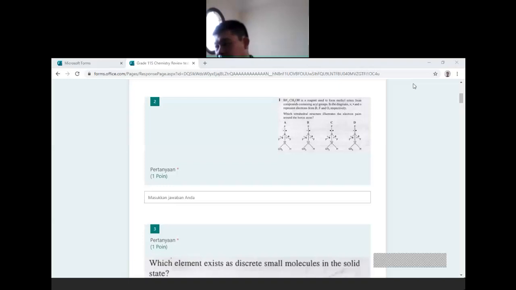So boron has the X, shaded is the F, and unshaded is oxygen. With a tetrahedral structure illustrating the electron pairs around the boron atom. We note that in boron trifluoride, the bond angle is 120.